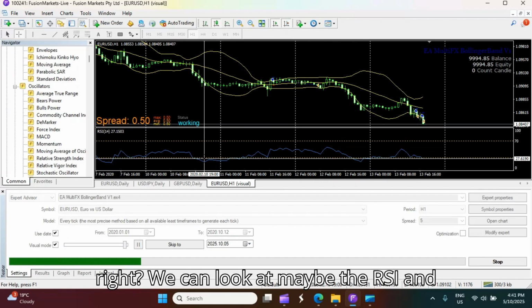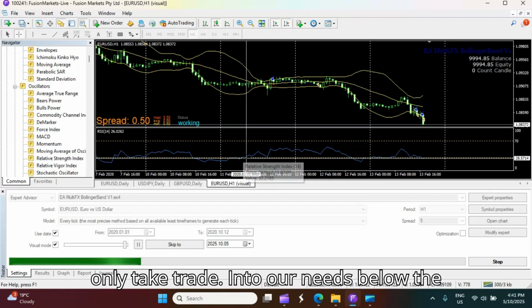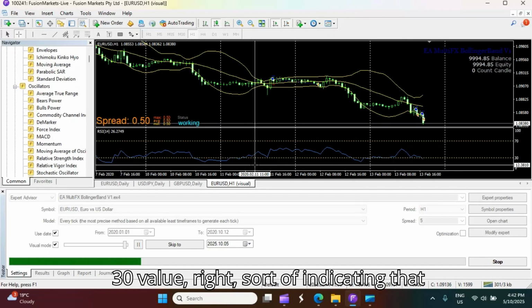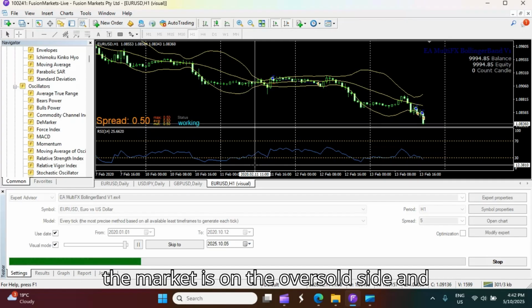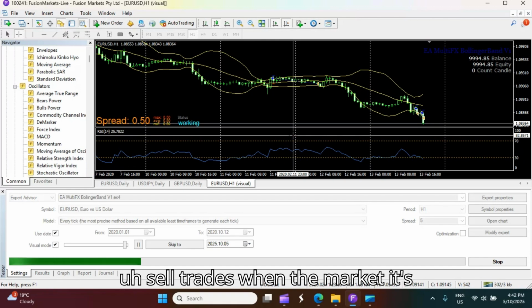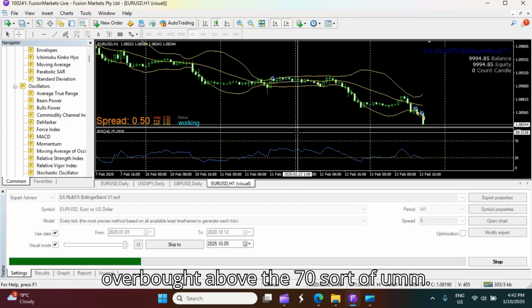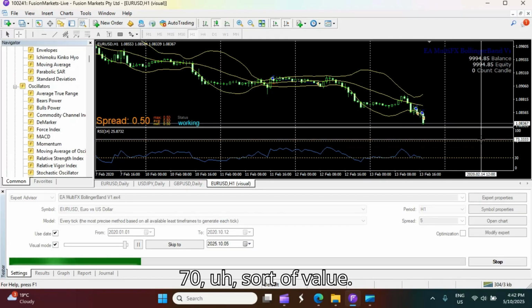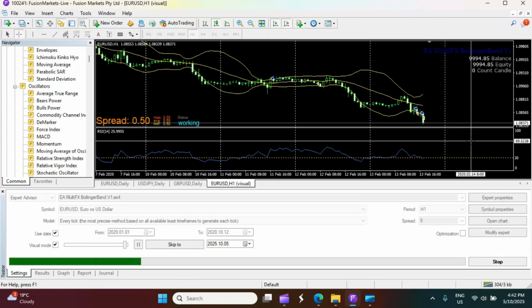We can look at maybe the RSI and only take buy trades when it's below the 30 value, sort of indicating that the market is on the oversold side, and maybe only taking sell trades when the market is overbought, above the 70 value.